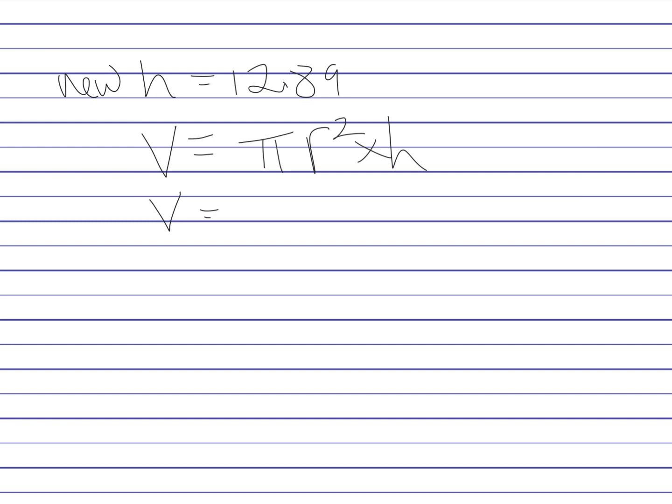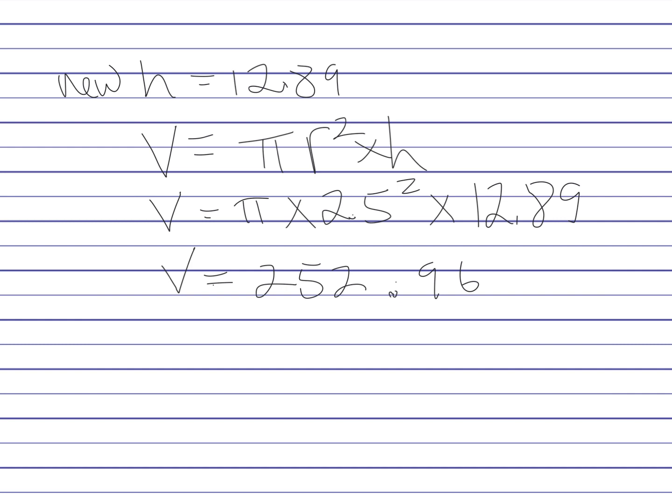So volume is pi times 2.5 squared times 12.89. Because it's all multiplication, it doesn't matter the order that you do it in. When I multiply them all together, I get the volume equals 252.96 and it goes on, centimeters cubed.